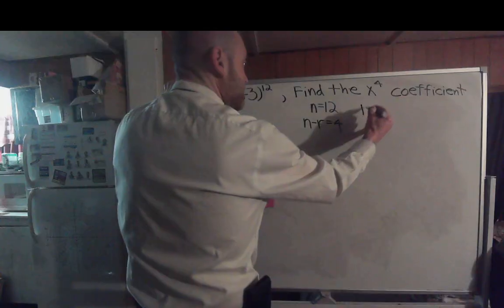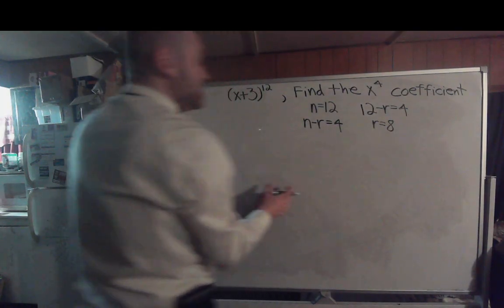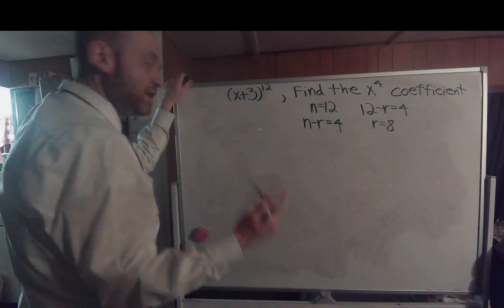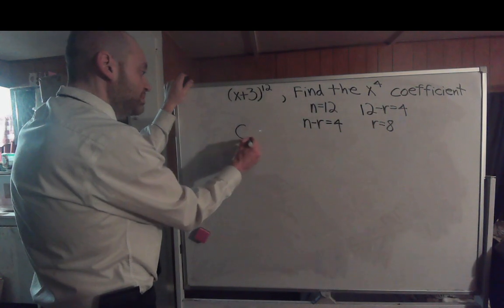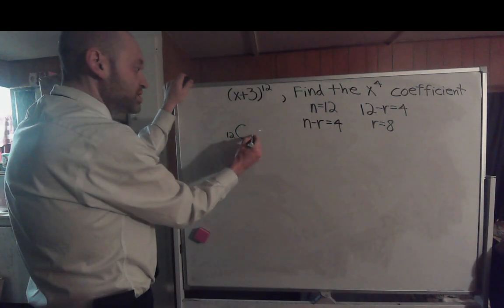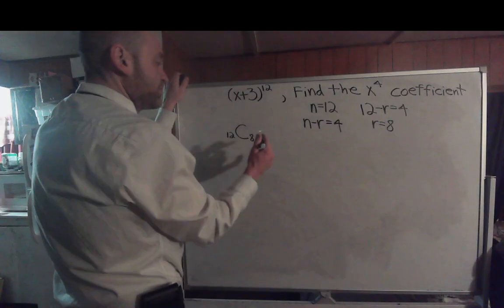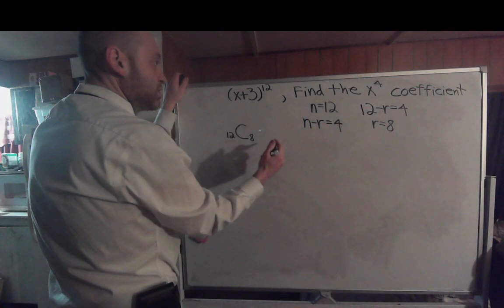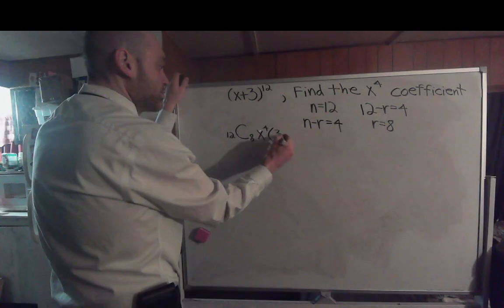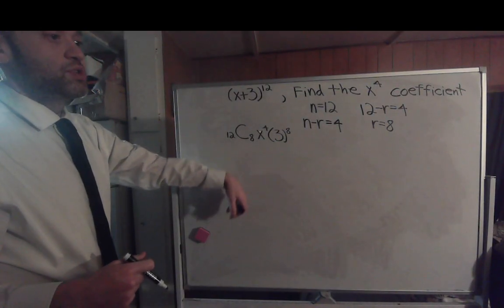In this case, that would be 12 minus r equals 4, which would give you that r equals 8. So r would equal 8. Now we have enough to proceed to find the coefficient. To find the coefficient, take the combination of n things r at a time. So n is 12, and we determined that r is 8. So it'll be the combination of 12 things, 8 at a time, times your first term, which is x to the n minus r, so x to the 4th, times 3 to the 8th power, since it's your second term to the r power.